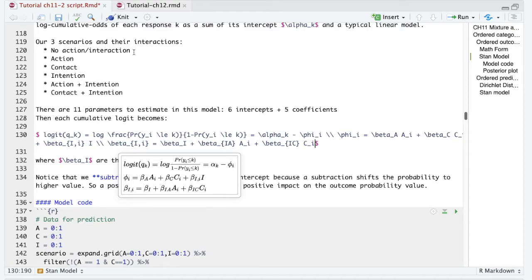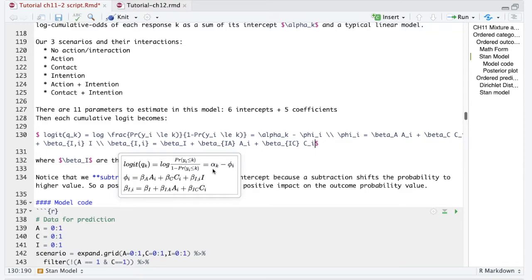If it's the first situation where we have no action or interaction term, kappa k here will be 0. We only have these 6 intercepts. And if we have action estimated by beta a, the effect of contact is estimated by beta c.